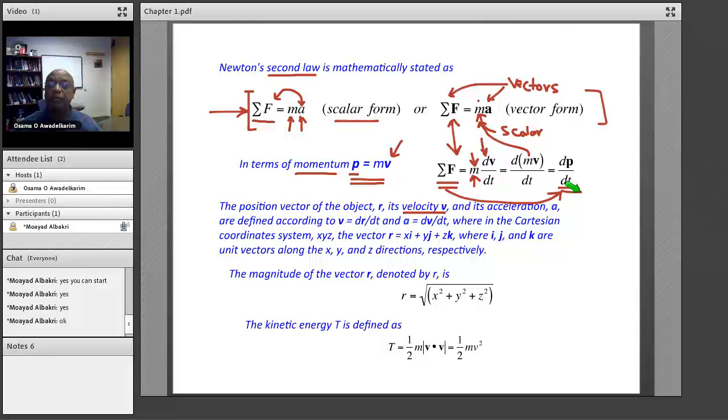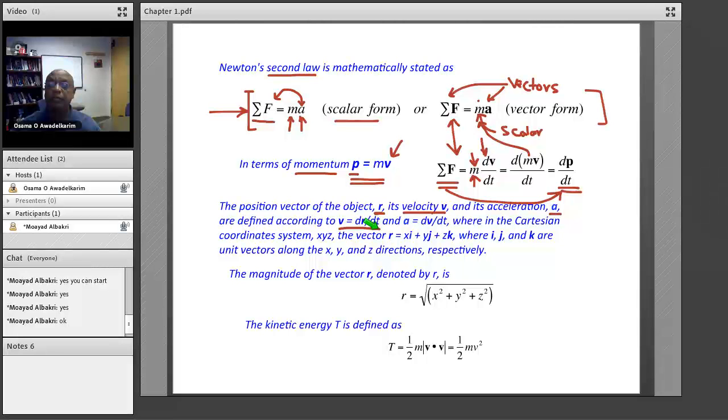Okay? One other parameter. So now we know the acceleration is a derivative of the velocity with respect to time. Another important parameter in dynamics is the location, the position vector r. So the relationships again: the velocity is equal to dr by dt, the rate of change of the position vector.